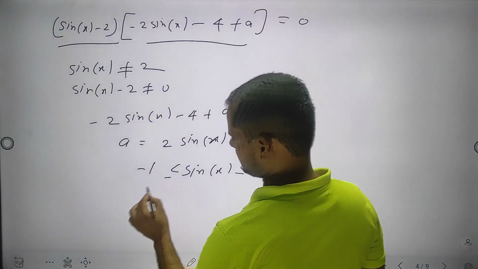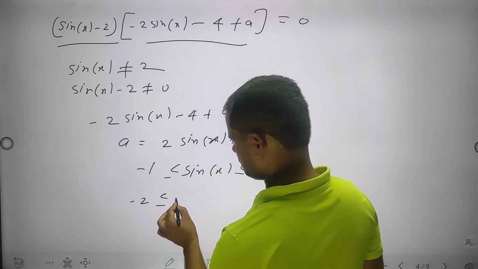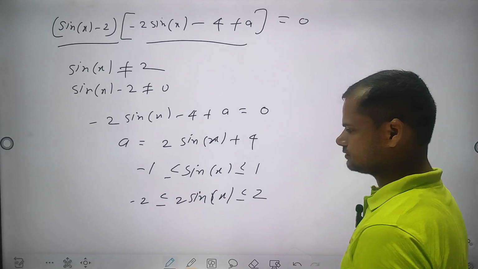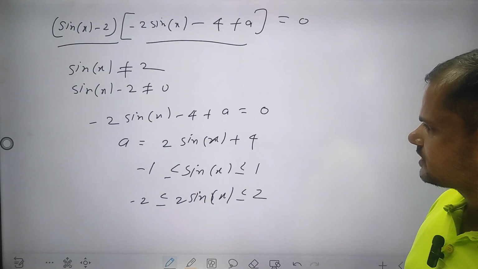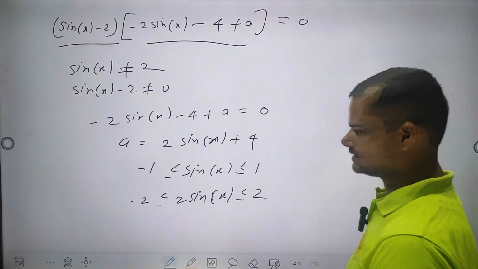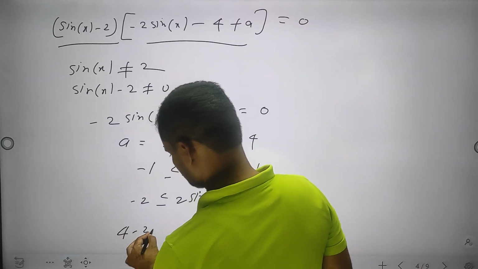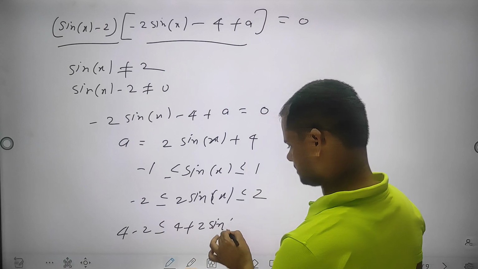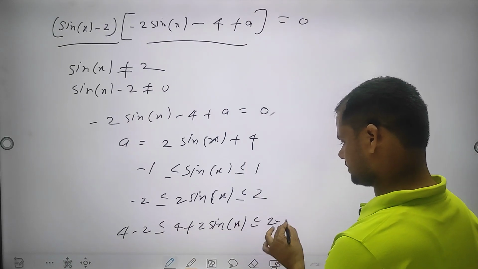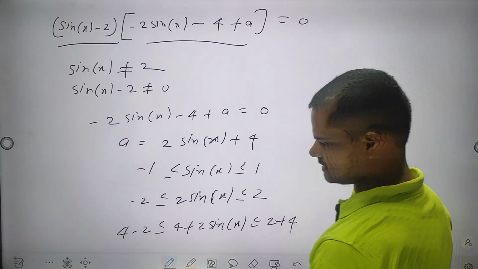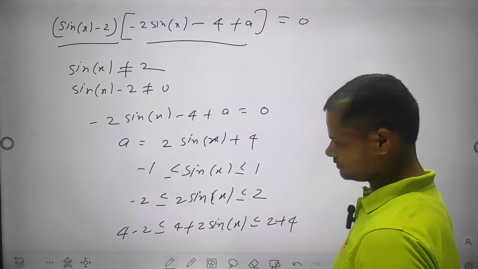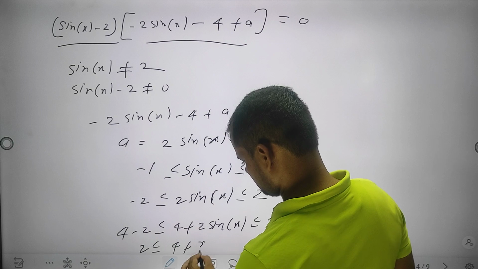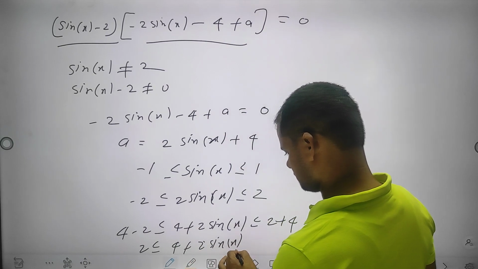Multiplying both sides by 2, minus 2 is less than or equal to 2 sin x, which is less than or equal to 2, and if we add 4 on both sides, the range of 4 plus 2 sin x will be 2 to 6.